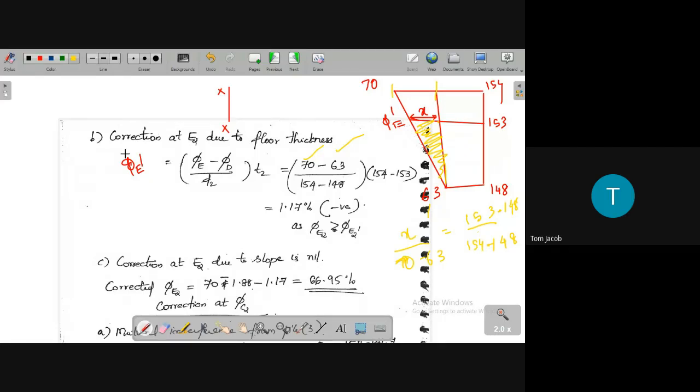So this is the x. This is not phi here, that's the correction. So x equals, you will be getting it as 1.17.